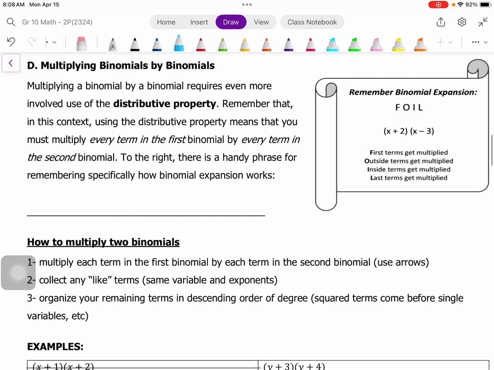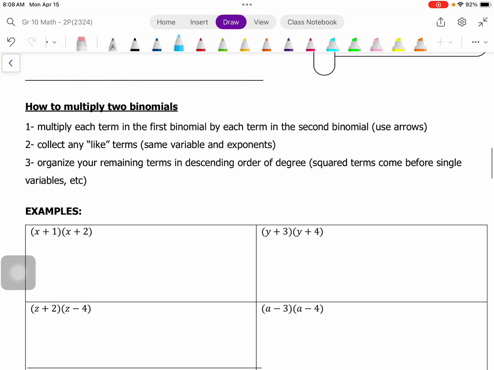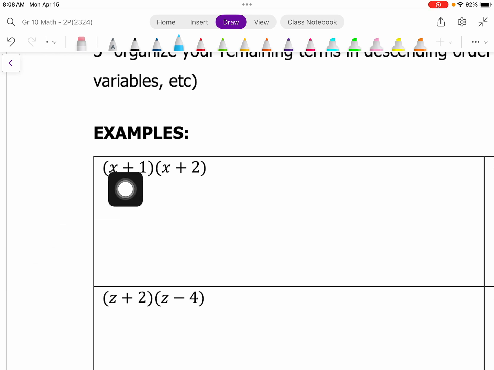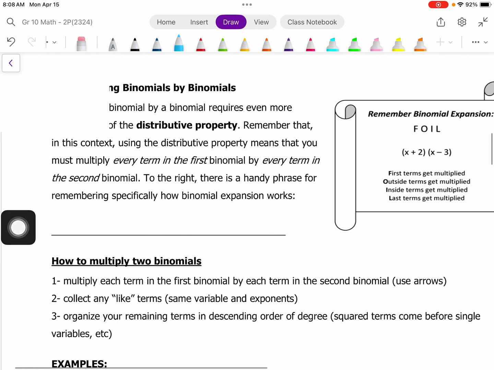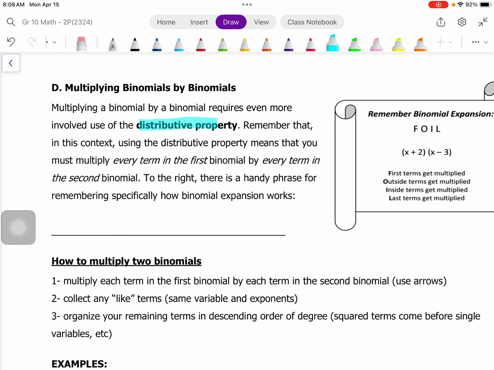Okay, let's take these skills that we have from grade 9 and use them when we have two binomials that multiply together. So this here is two binomials. I have an x and a 1 and an x and a 2, and these are being multiplied. So we're actually going to use distributive property again, just like we used it before.